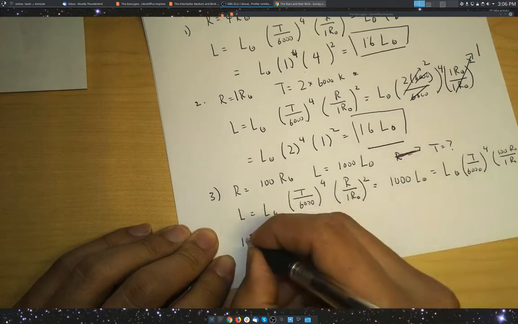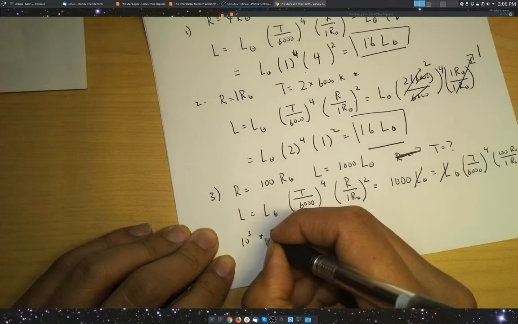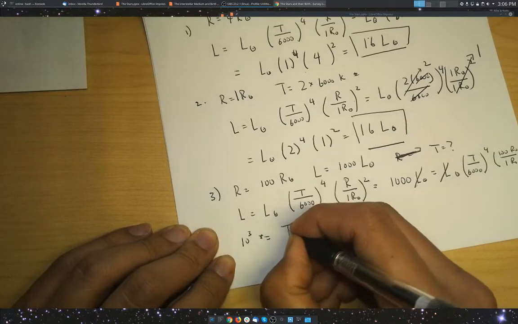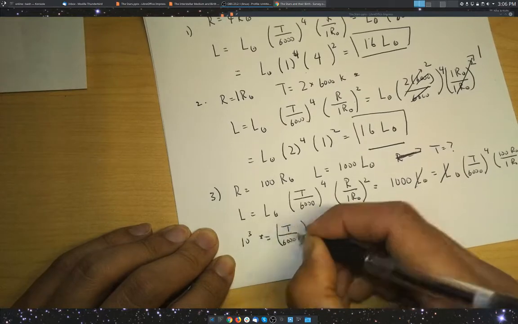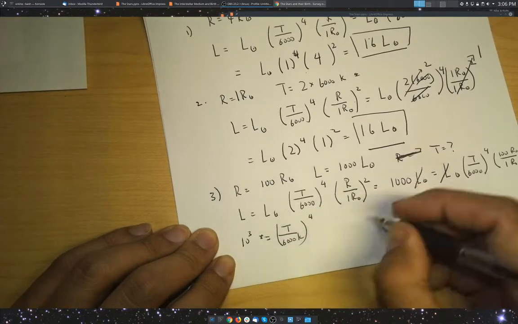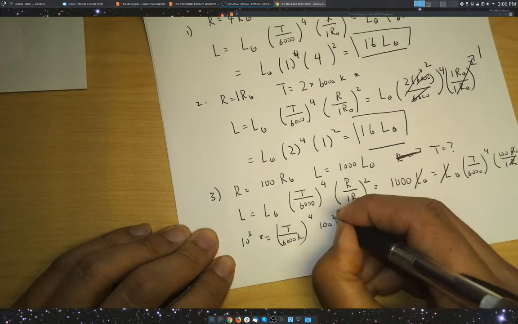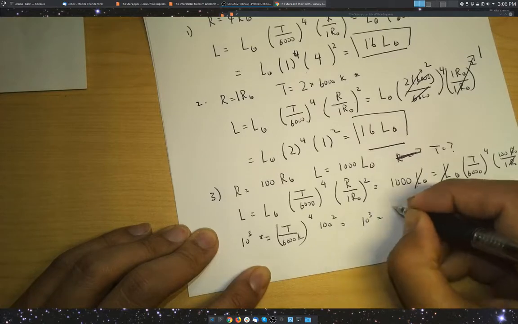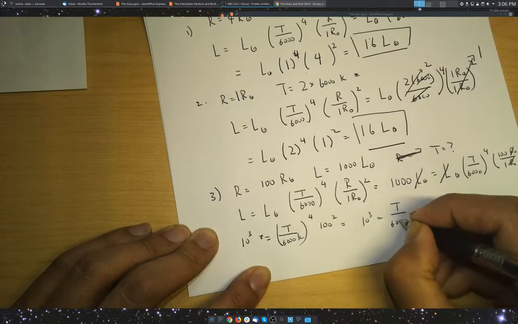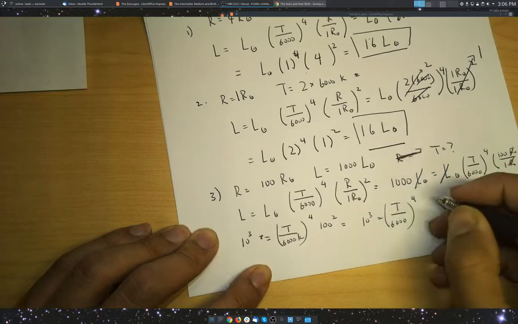So that's 10 to the 3. The L solars will cancel each other out. It's equal to T over 6,000 Kelvin to the fourth power. This cancels each other out. That's going to be 100 squared, which is, let's see, 10 to the 3 is equal to T over 6,000 to the fourth power.